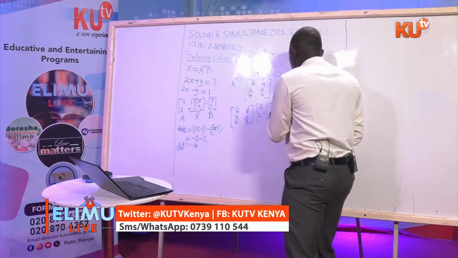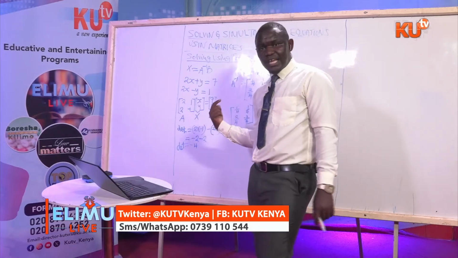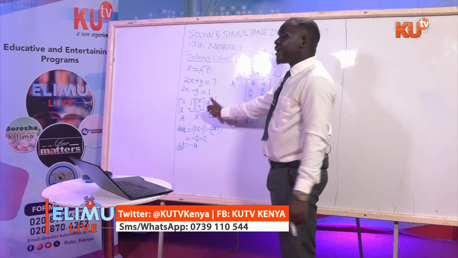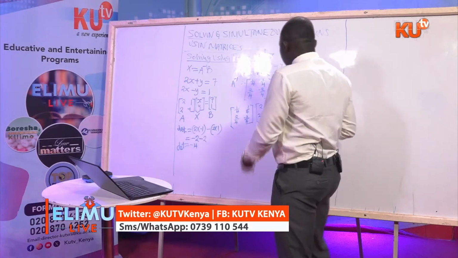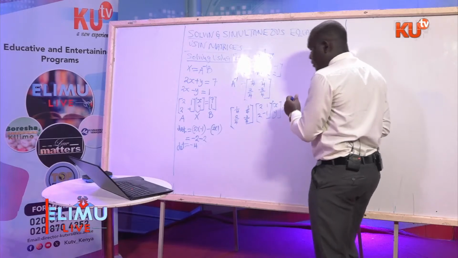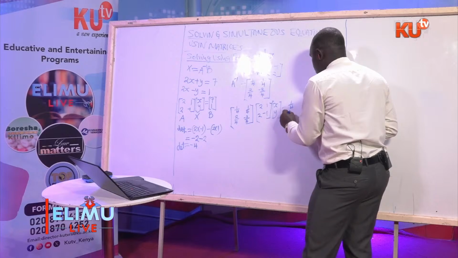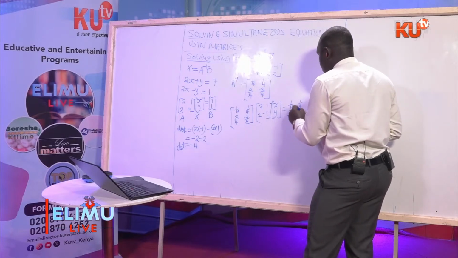This should be equal to, I'm also going to pre-multiply this inverse of the matrix on the right hand side of my equal sign. On the right hand side, remember, I have 7, 1. But before the 7, 1, I'm going to pre-multiply the inverse of the matrix. That will become 1/4, 2/4, 1/4, -2/4.